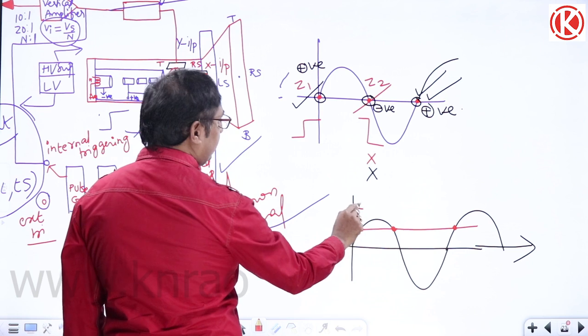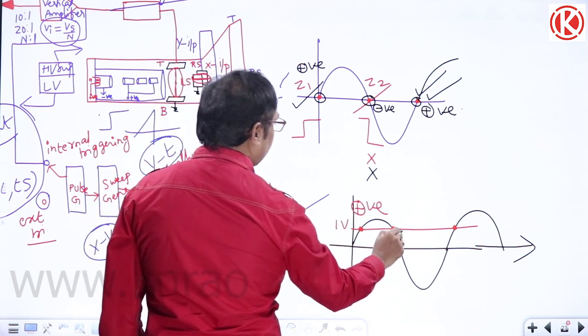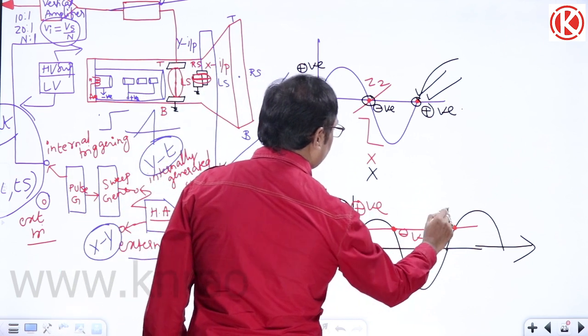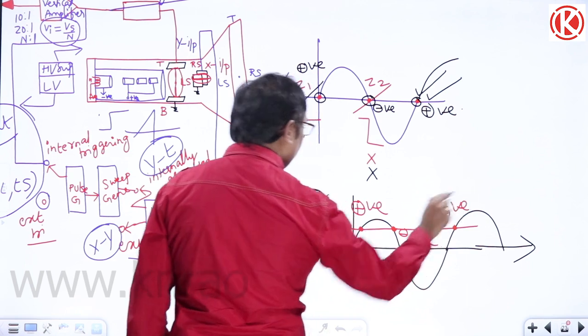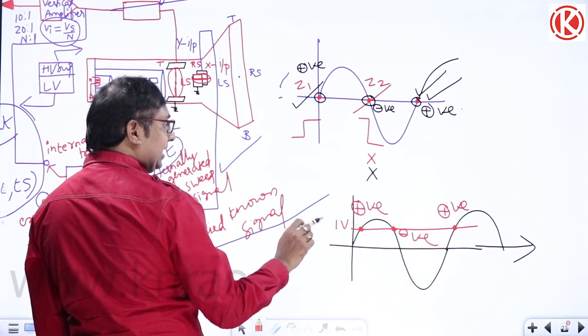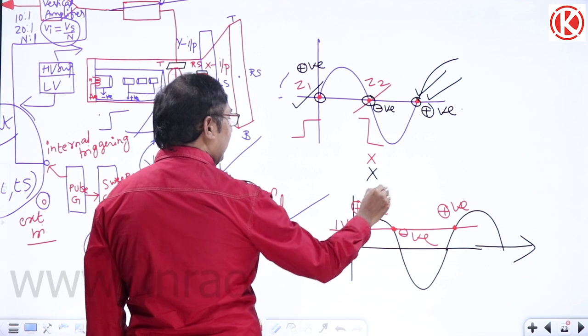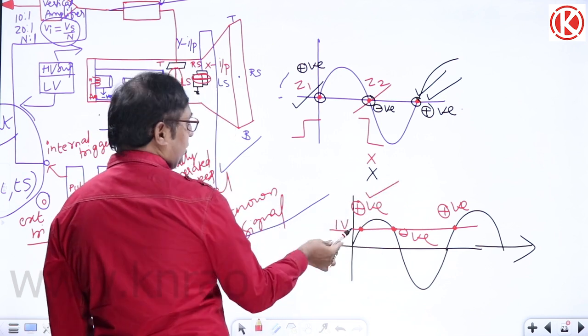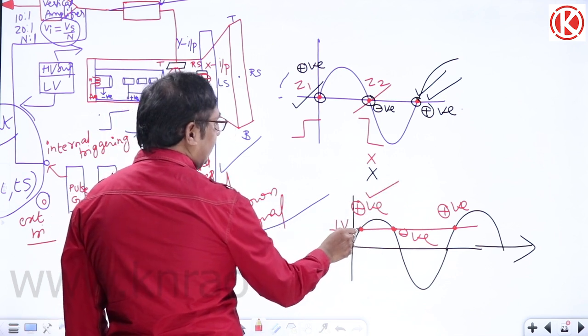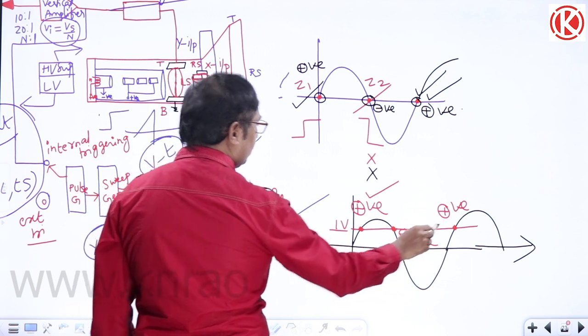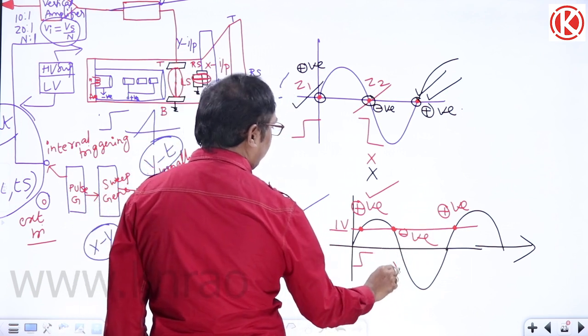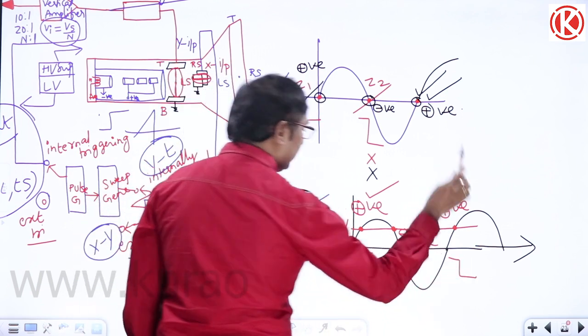Here what the slopes are? Positive. Here what the slope? Negative. Here what the slope? Positive. Now you tell me, if I set triggering voltage level as 1 volt and if I set triggering slope is positive, now tell me, yes, here the start pulse is produced, here no pulse is produced, here the stop pulse is produced.